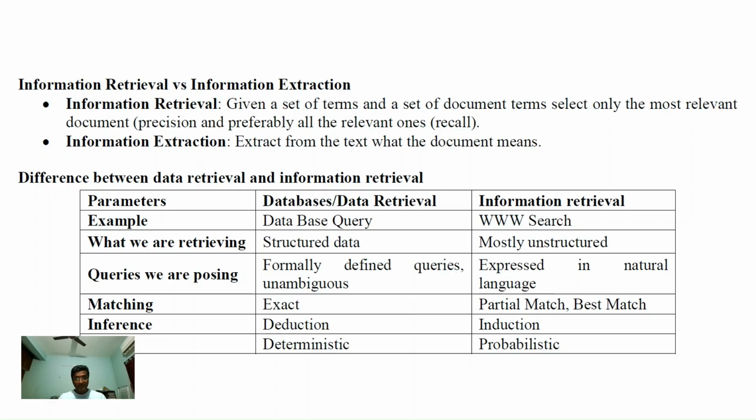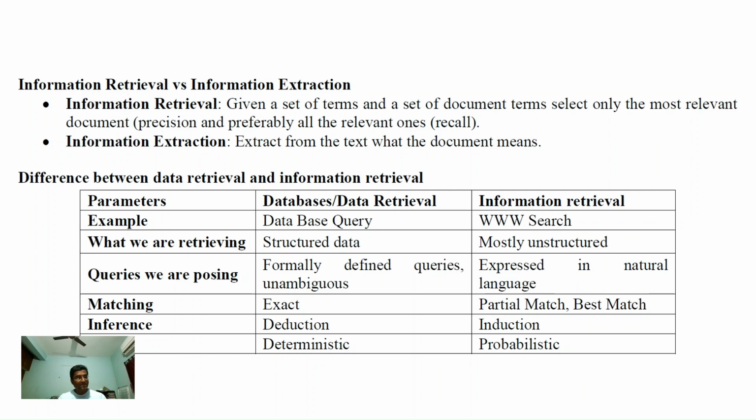And the difference between data retrieval and information retrieval. For examples, data retrieval is a kind of database query, while information retrieval is like World Wide Web search.